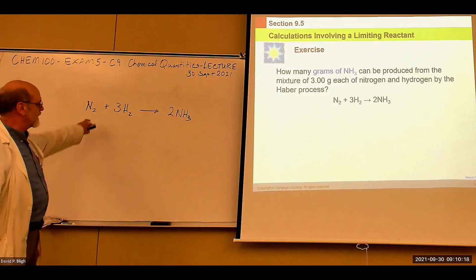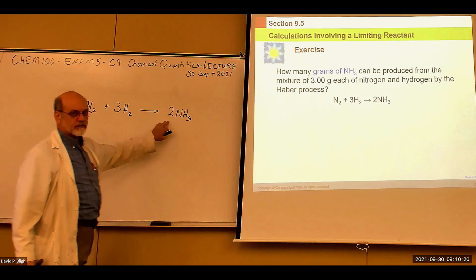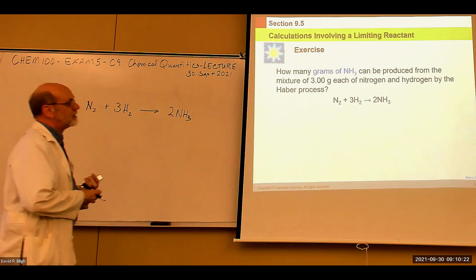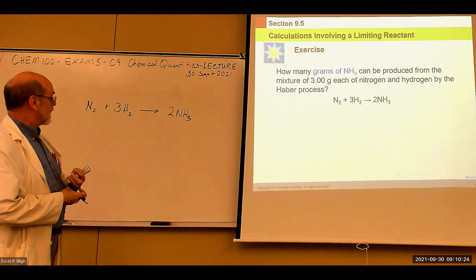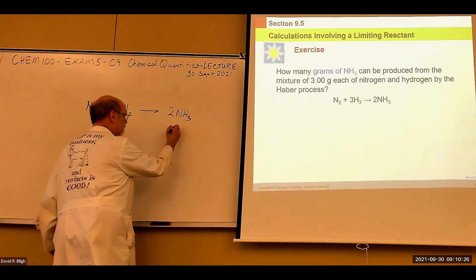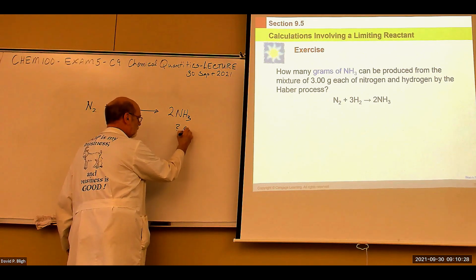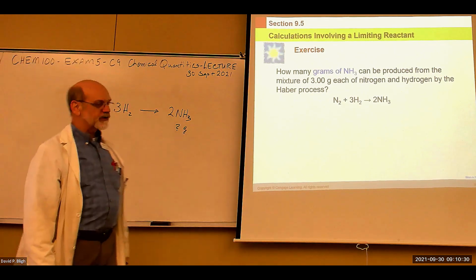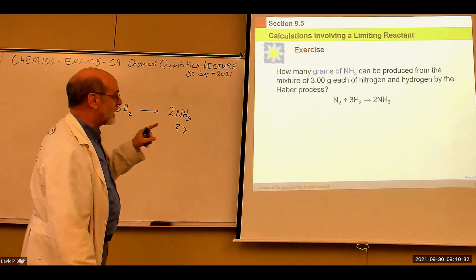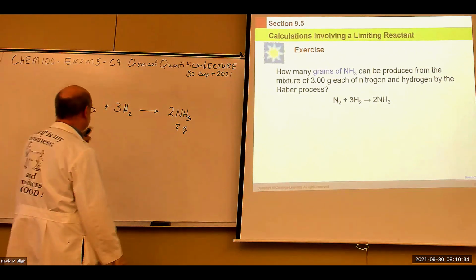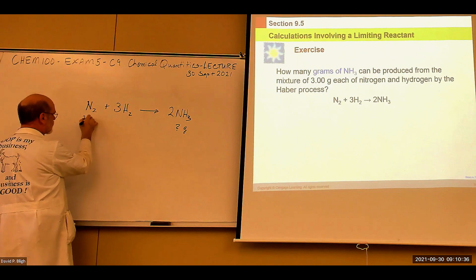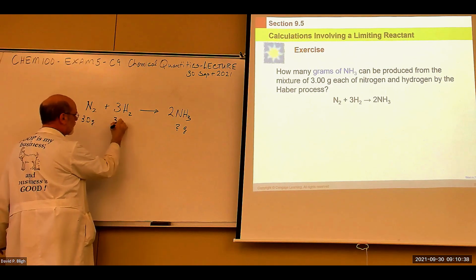We take nitrogen from the atmosphere, combine it with hydrogen, and make ammonia. So, how many grams of ammonia can be produced from the mixture of 3 grams each of nitrogen and hydrogen? So we have 3 grams of this, and we have 3 grams of that.